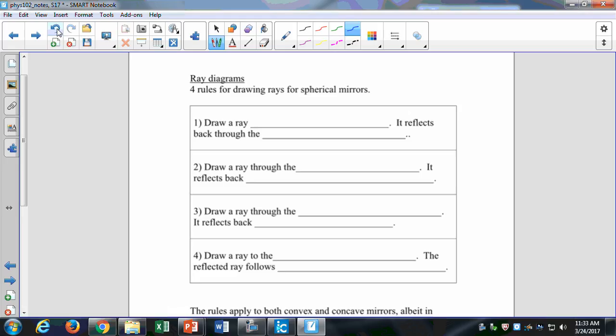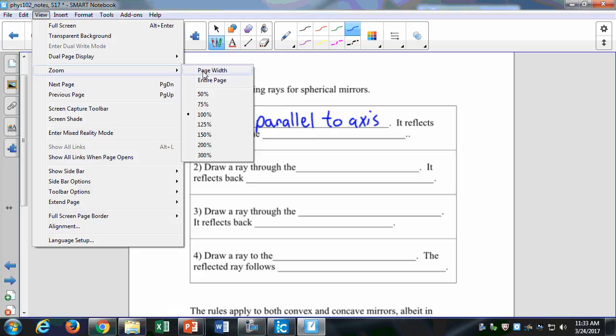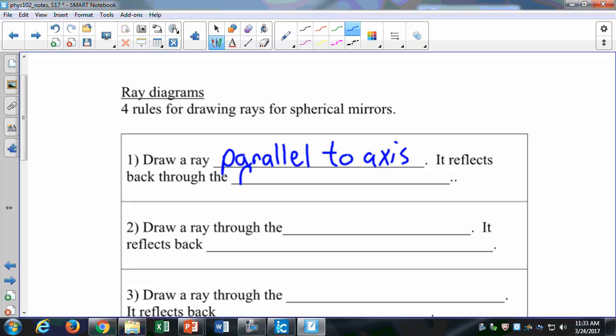The 4 rules: you draw a ray parallel to the axis, and it reflects back through the focal point. We've seen that. That's how we define the focal point, right?